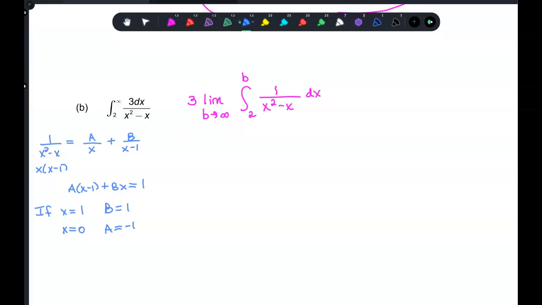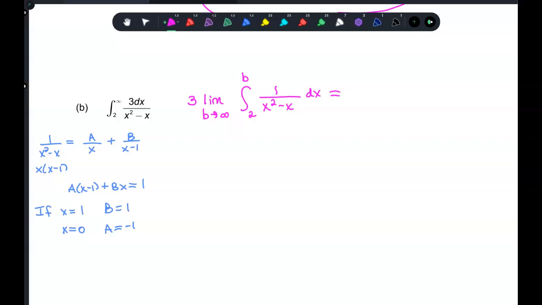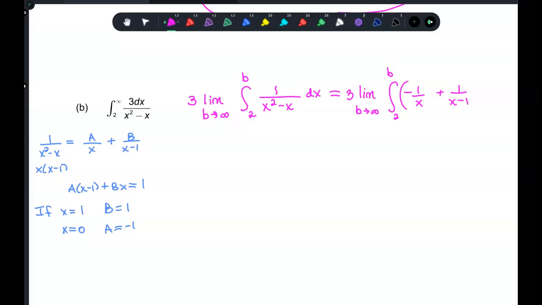Okay, so now I'll pick back up over here. We have 3 times the limit as b goes to infinity from 2 to b of negative 1 over x plus 1 over x minus 1 dx.